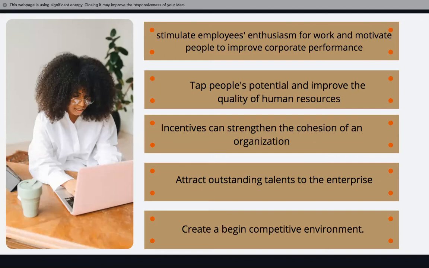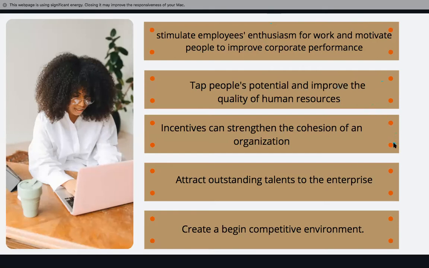Finally, create a benign competitive environment. Thus, a scientific incentive system contests a competitive spirit. Its operation can create a benign competitive environment and then form a benign competition mechanism.